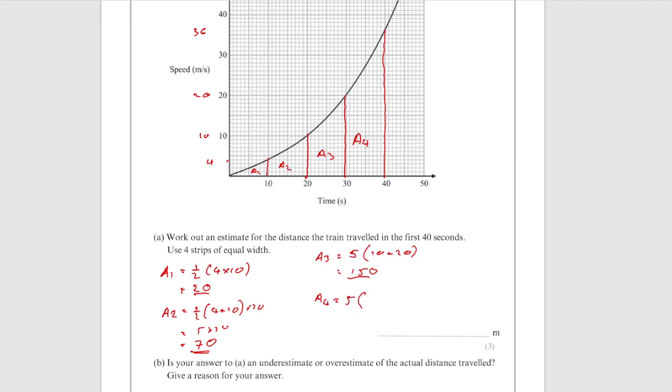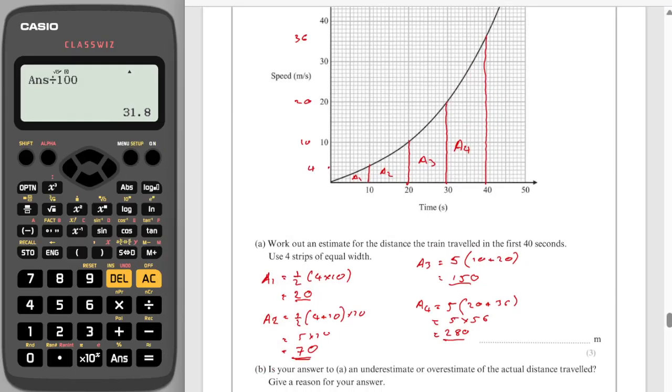And then I've got 20 plus 36. So 5 times by 56, which is going to be 280. So my total area is going to be these 4 things added together. So I'm looking at 20 plus 70 plus 150 plus 280. So that's going to be 520 meters.